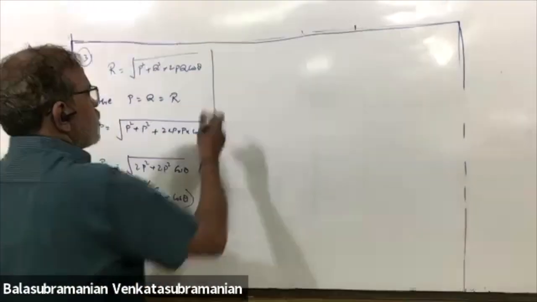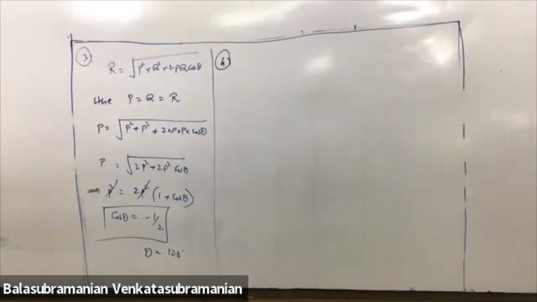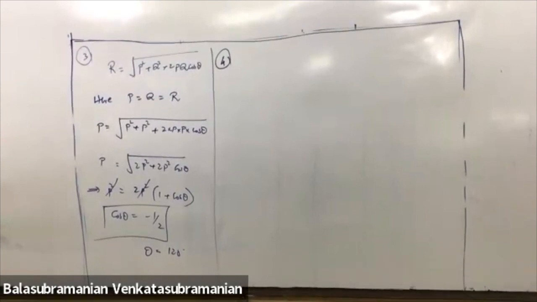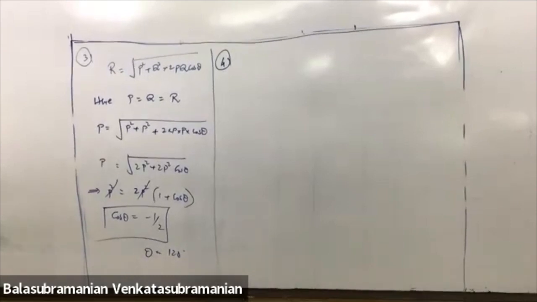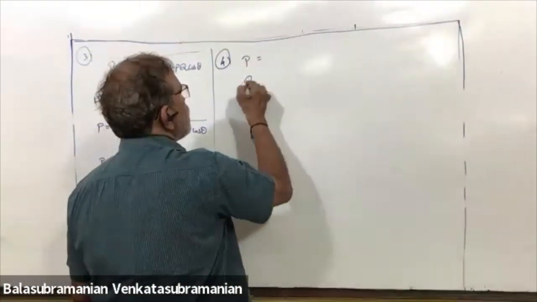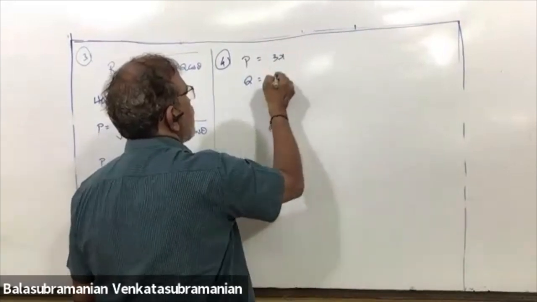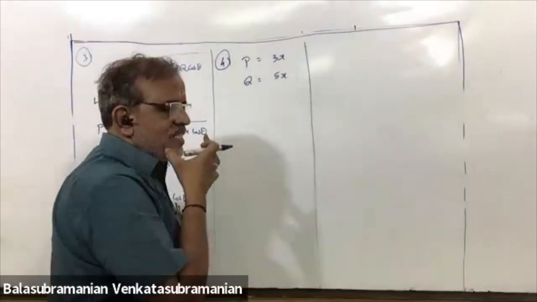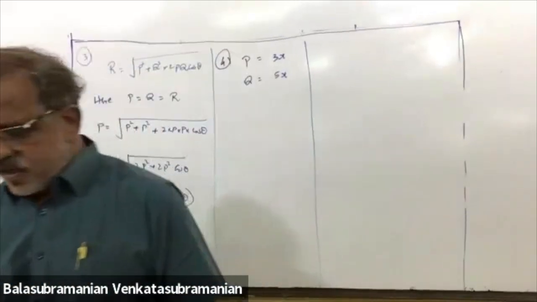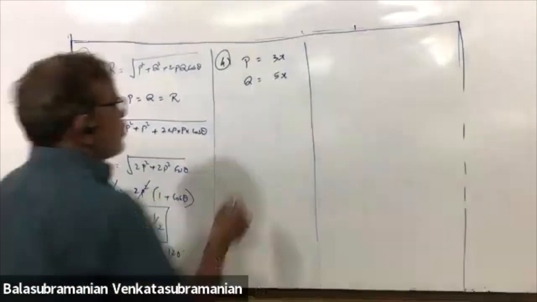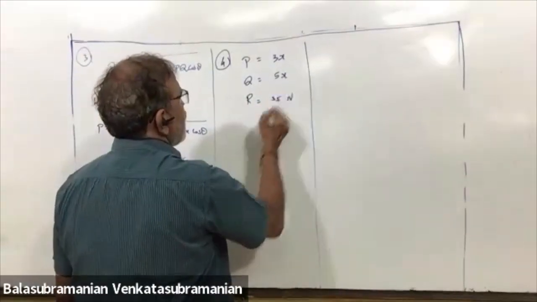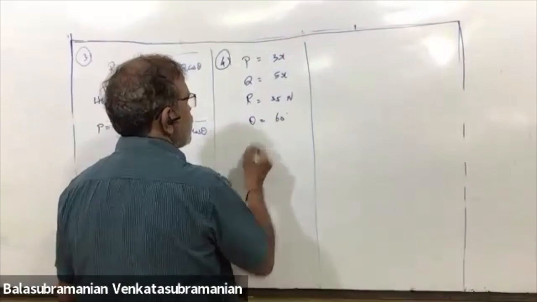Correct? Fourth problem. Two forces whose magnitudes are in the ratio 3:5 give a resultant of 35 Newton. If the angle of inclination is 60 degree, calculate the magnitude of each force. P to Q is 3:5, so this is 3x and that is 5x. The values are not given. The resultant is 35 Newton, and the angle of inclination theta is 60 degree.